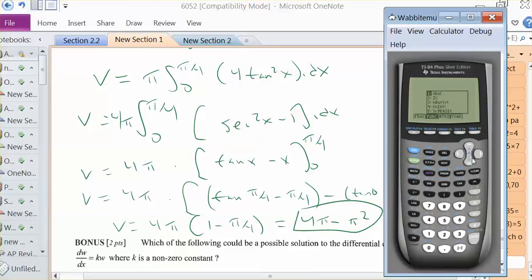Alpha window, fnInt, 0 to pi, ooh, that's wrong, pi over 4, and that was parentheses 2 tan x, another parentheses squared, so I'll make it 4 tan squared x, dx. Kind of just wait a while, 0.858. So keeping our fingers crossed that this works out.